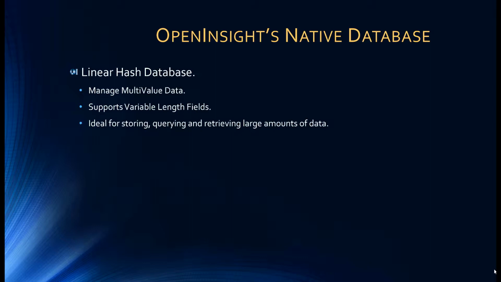So if you were to define them at 255 characters, for instance, but you needed to go over, OpenInsight will just expand and be able to cope with that amount of data. So it's really useful for when you're putting systems together very quickly and you might not necessarily know how many characters are going to be going into a particular field or column. You can just set up whatever you feel, and OpenInsight can manage the rest.